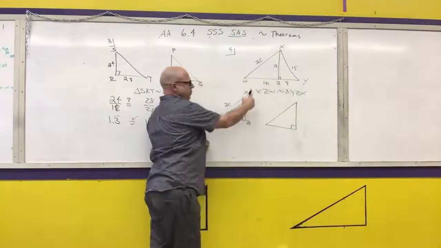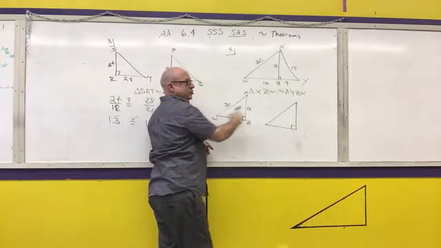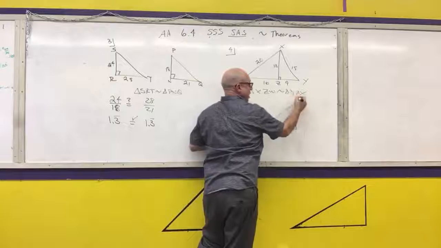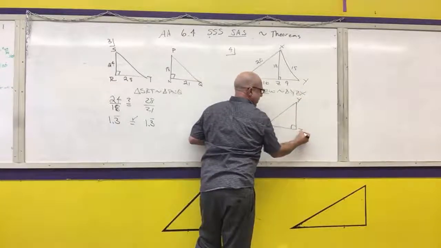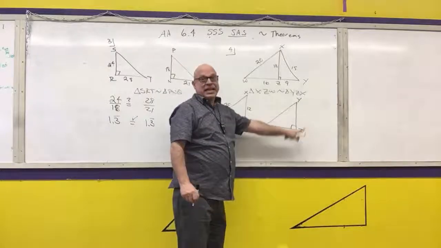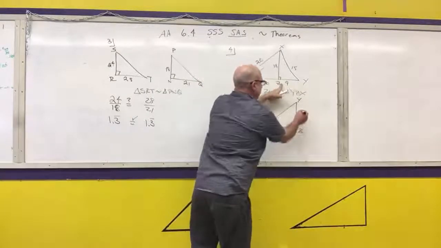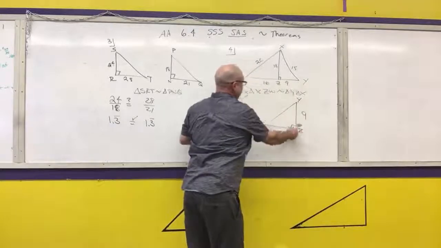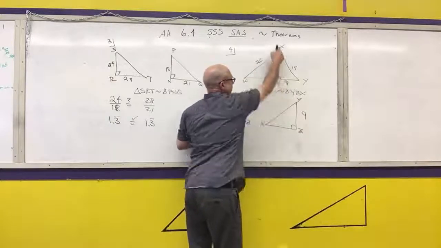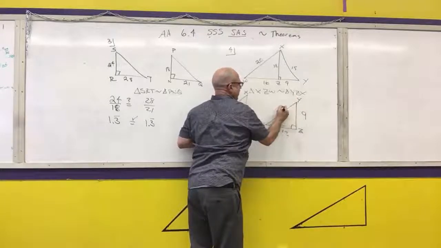Notice here I went XZW: top, bottom right, then bottom left. So I have to do the same here. Y, Z, X. And I'm going to fill in the missing side lengths. Y to Z is 9. Z to X is 12. And X to Y is 15.